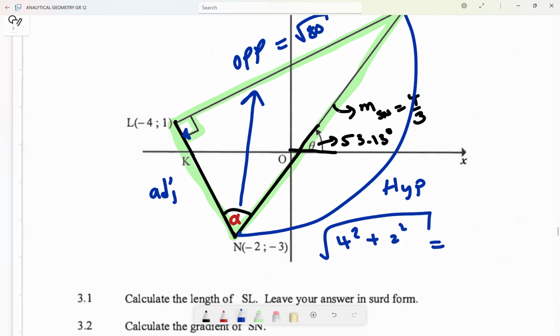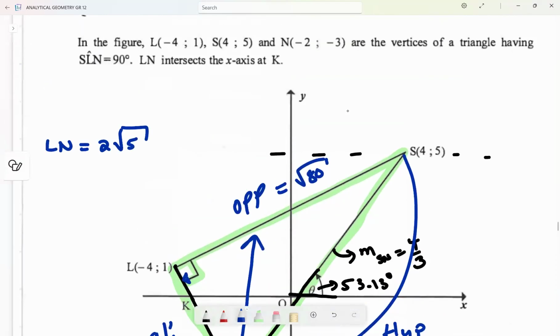And then 16 plus 4 is square root of 20. Okay, let's just use square root of 20, which is the same as 2 square root of 5. Also remember, this is the same as 4 square root of 5.